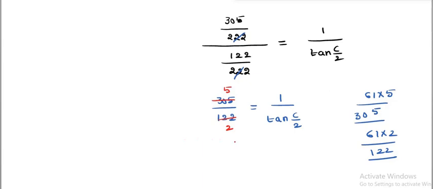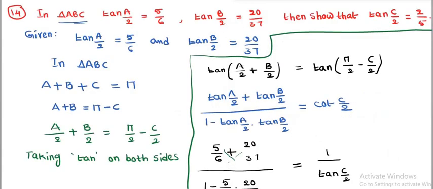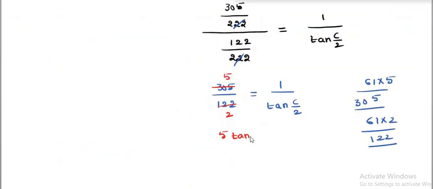Cross multiplication: 5 tan C by 2 is equal to 2, so tan C by 2 is equal to 2 by 5. Okay, right. So LHS equals RHS.